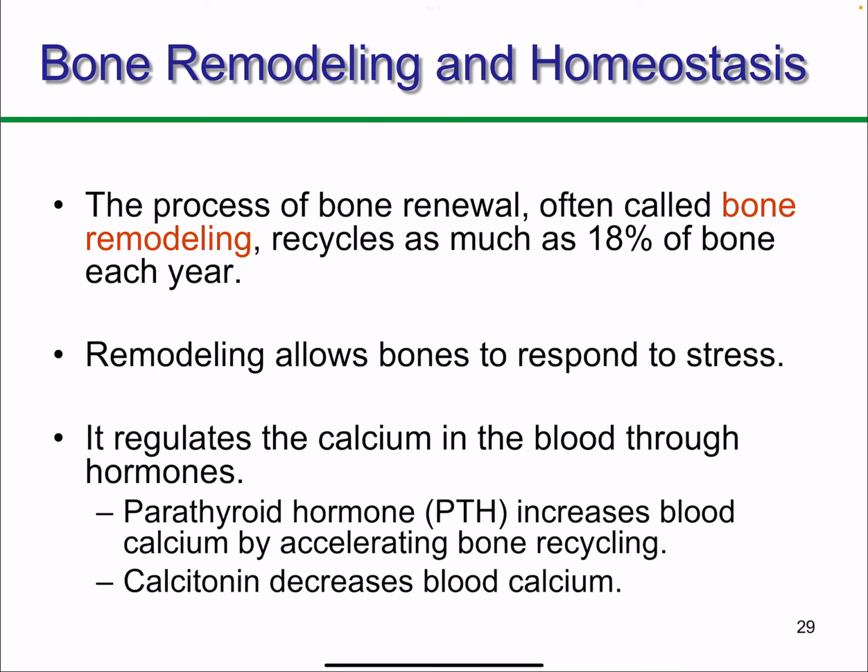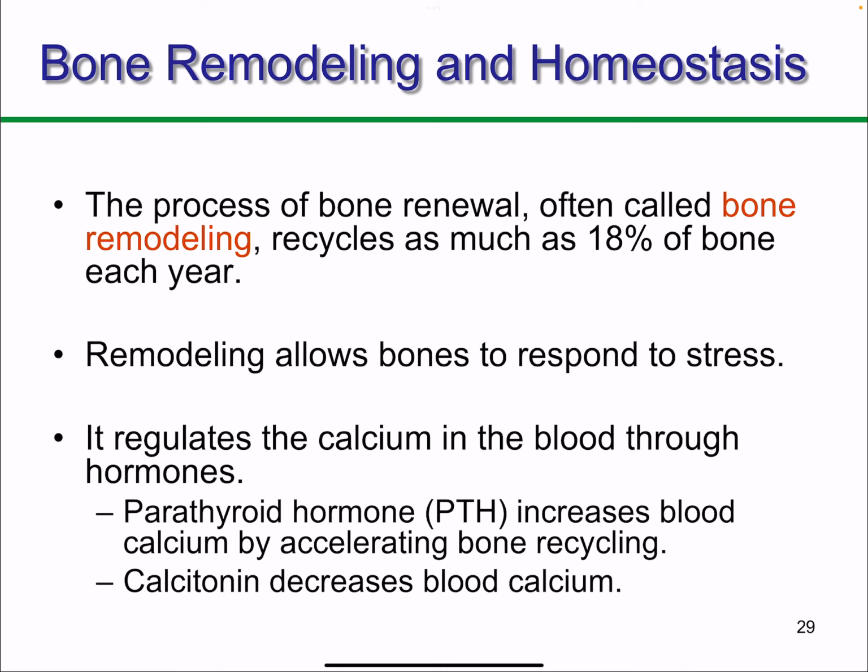So, bone renewal is going to involve remodeling of the bone. It's going to involve activity of osteoblasts and activity of osteoclasts. Now, these two types of cells are going to be controlled tightly by two hormones.